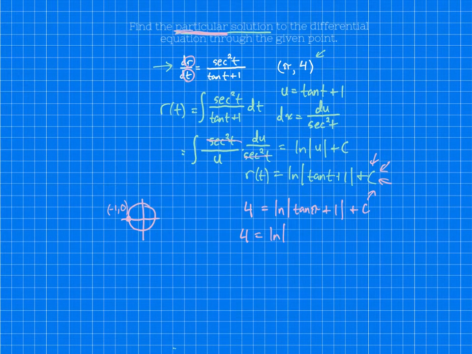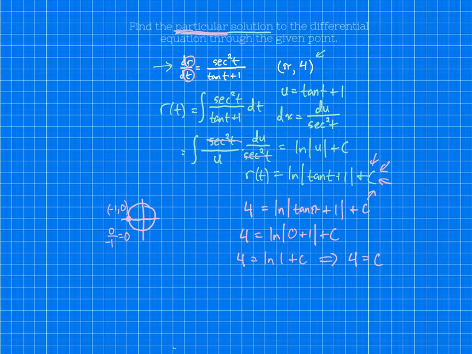Because tangent is y over x, that's 0 over negative 1, which is just 0. So tangent of pi here ends up being 0 plus 1 plus c. So 4 equals ln of 1 plus c. That means that 4 is equal to c.